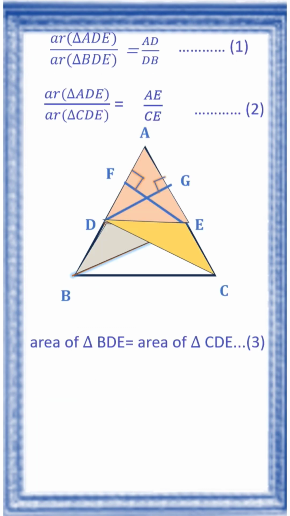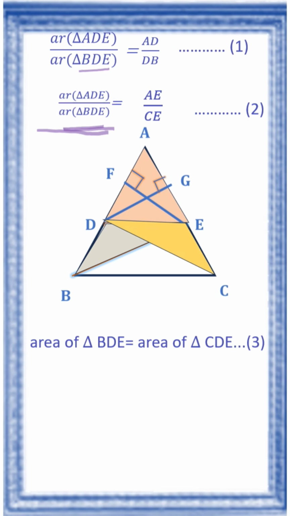Now we have all the three equations. Here observe that area of triangle BDE and area of triangle CDE are one and the same from equation 3. So now let us replace this one with area of triangle CDE.